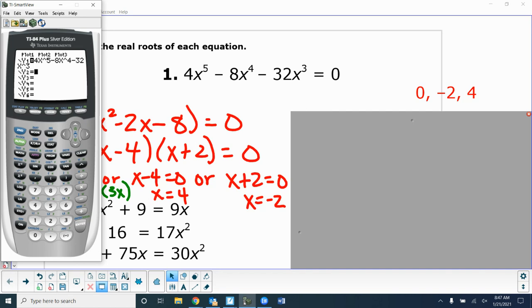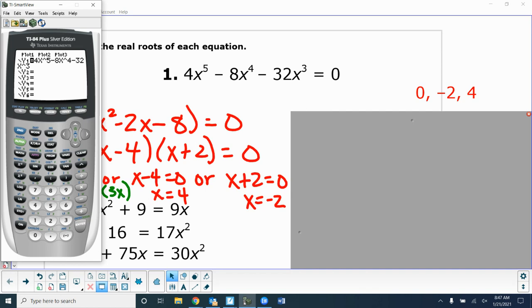All right? Now, when I hit graph, I have to watch what happens, because I'm looking for straight through, I'm looking for bouncing, and I'm looking for bending. Usually if it bends, it goes a little slower.